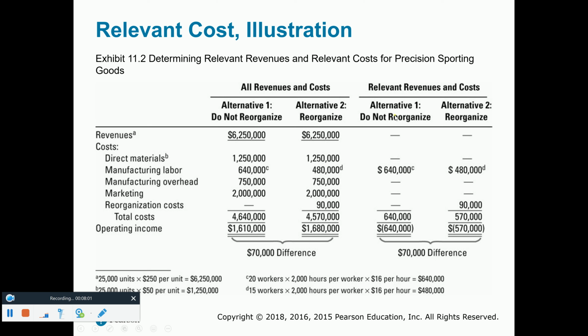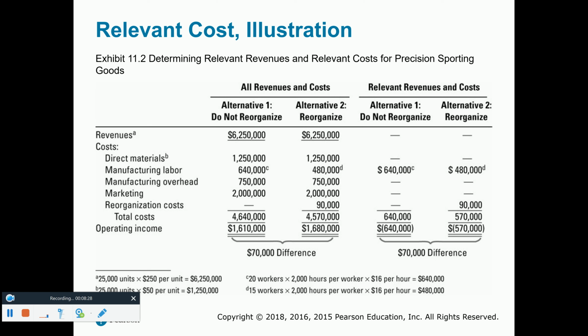So when we don't reorganize, the relevant costs are $640,000. If we do reorganize, the relevant costs are the $480,000 plus the $90,000, or $570,000. You can see there is a $70,000 difference, $70,000 more in costs if we don't reorganize. So simply looking at this, I know there are qualitative factors involved here that we haven't even considered.